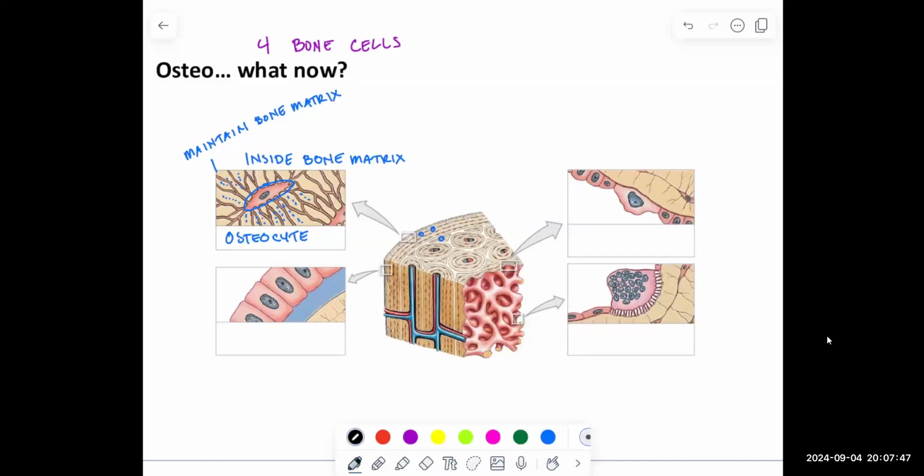The next set of cells, you don't really see them, but they're going to be found at the edges of bone. This is it right here. This is an osteoblast. And an osteoblast is always going to sit on top of this blue layer. This is hyaline cartilage.